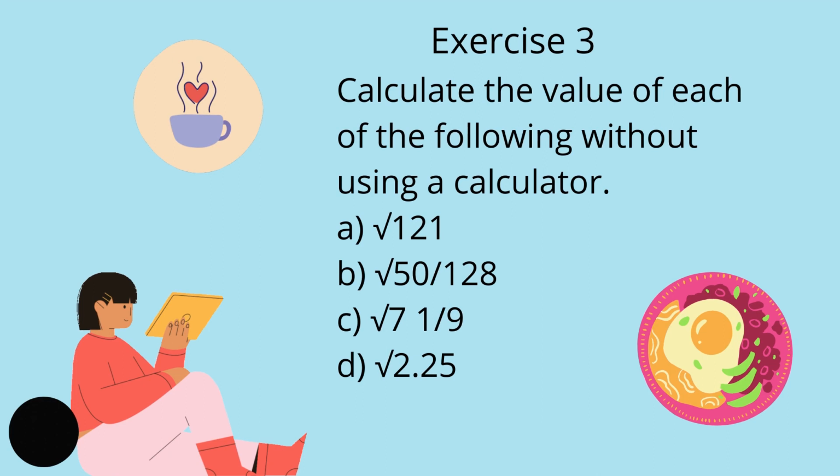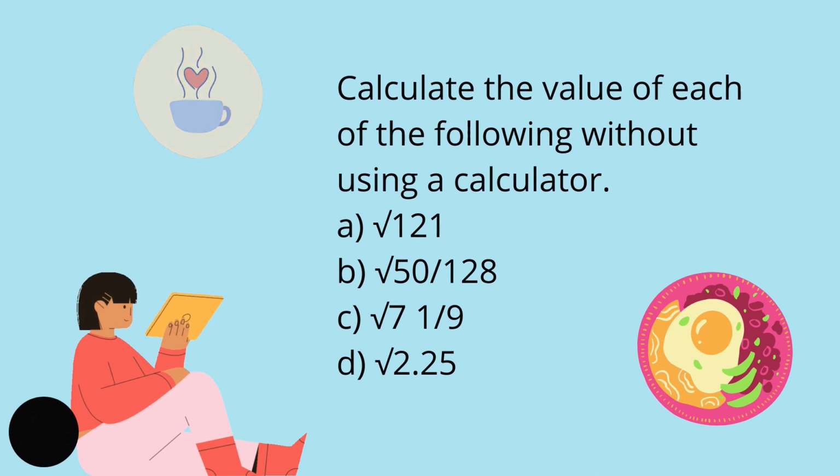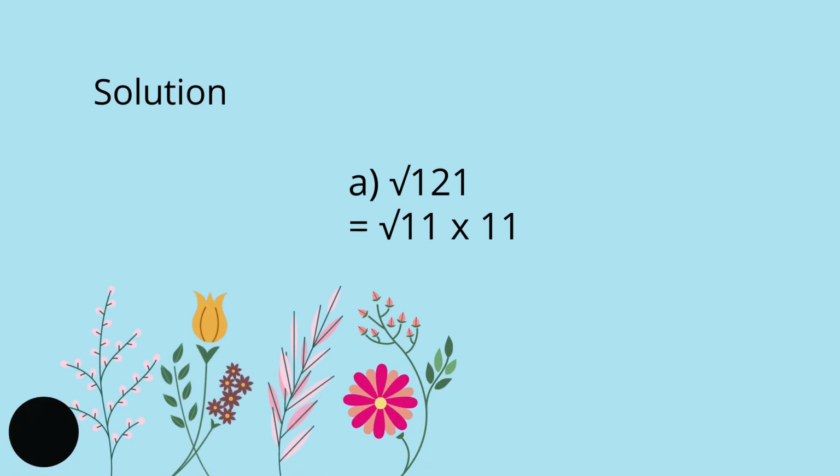Exercise 3. Calculate the value of each of the following without using a calculator. So we solve for A, square root 121 first. Square root 121 equals square root 11 times 11. You can get 11 by using the repeated division method.